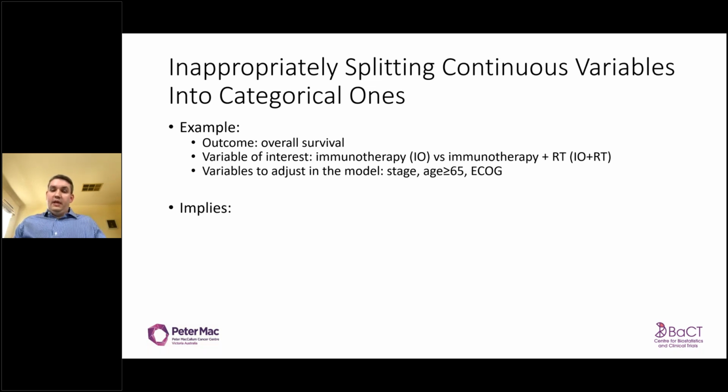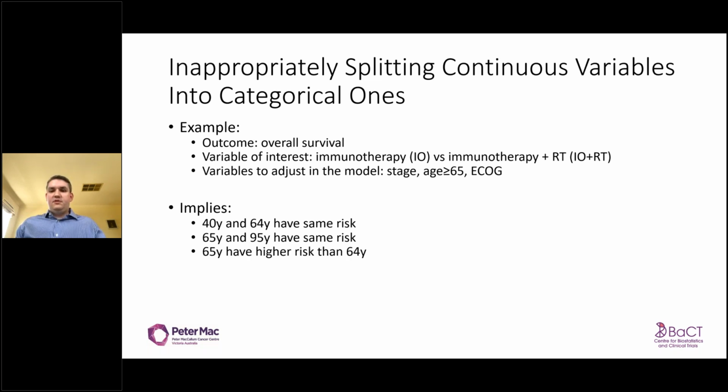If we fit a model like this, what is the model saying directly? Well, it's saying that someone who is 40 years old and someone who is 64 years old have exactly the same risk in the model. Someone who is 65 years old and someone who is 95 years old also have the same risk. However, someone who is 65 years old has higher risk than someone who is 64.